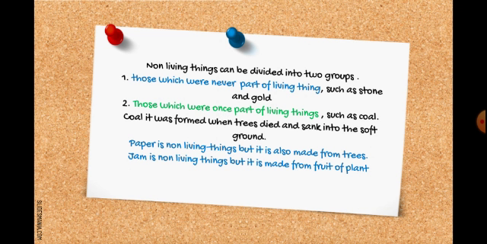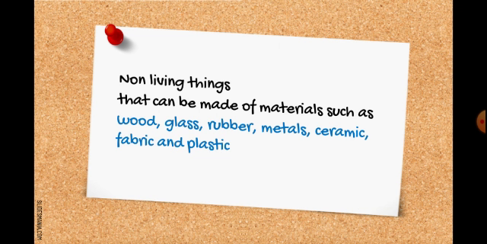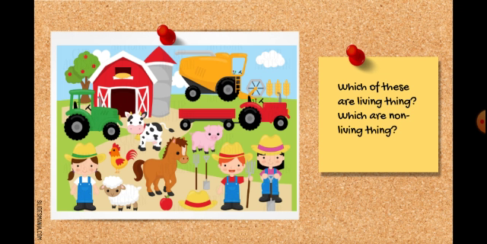Paper is a non-living thing, but it is also made from trees. Jam is not a living thing, but it's made from the fruit of plants. Non-living things can be made of materials such as wood, glass, rubber, metals, ceramic, fabric, and plastic.